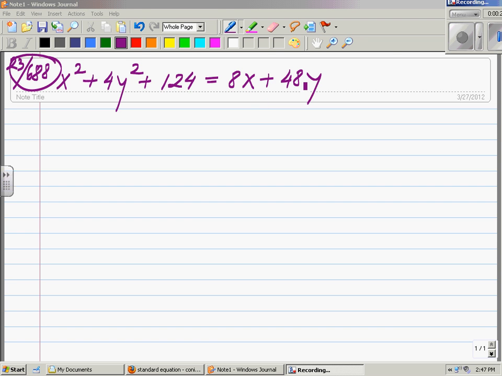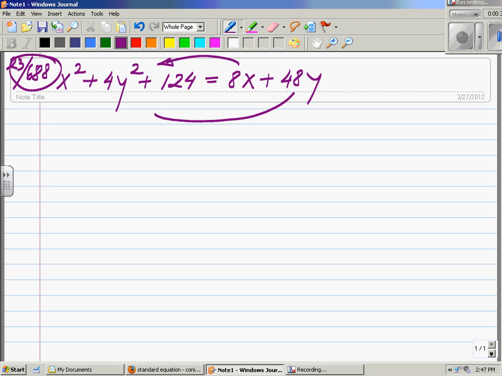First step, move everything on one side, on the left, right? So this 8x and 48y should be moved to the other side. How do you accomplish that? You're basically subtracting 8x from both sides, subtracting 48y from both sides. An easy way, just take them to the other side and change their sign. So what is this expression becoming now?